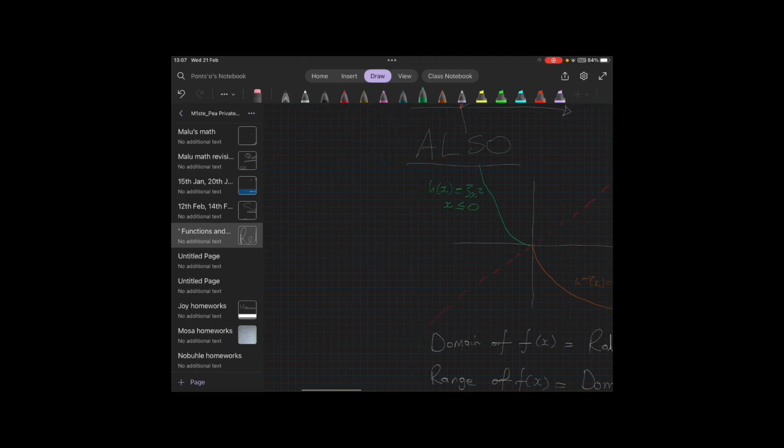I'm guessing here the domain would be slightly different. That would be x is such that x is less than or equal to 0 and a real number.